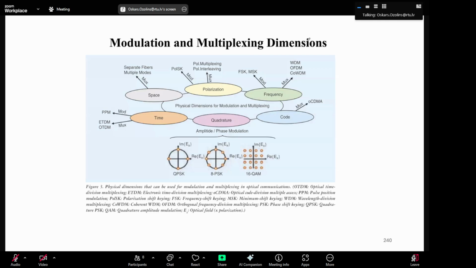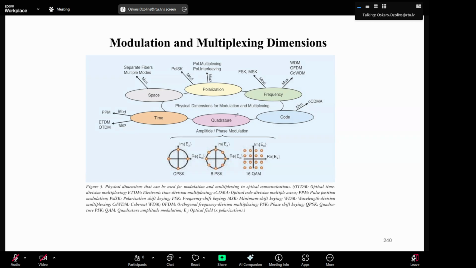Right, so here we come to the different degrees of freedom. I already talked about quadrature, that you can have different types of constellations, like QPSK, 8PSK, 16 QAM. So that gives you a degree of freedom.